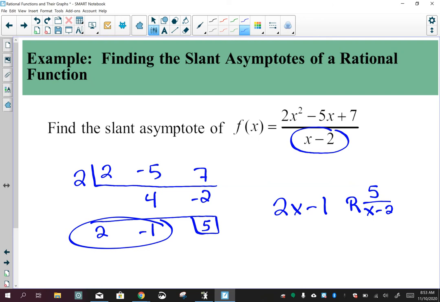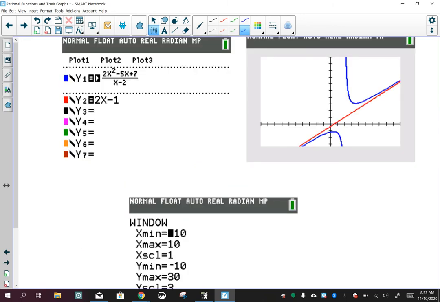So if I was to graph this piece right here, and then I graph this 2x minus 1, you will notice that my 2x minus 1 is going to be a line that my actual problem is going to be running off of. Here's my y1, which is the actual problem.